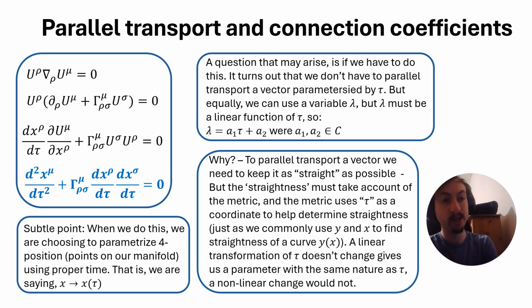It's like, for example, if we've got a curve plotted on a graph where the axes of your graph, and therefore the coordinates of the manifold, are y and x, you calculate curvature by thinking about the derivatives of our function y, but our function y parameterized by x.